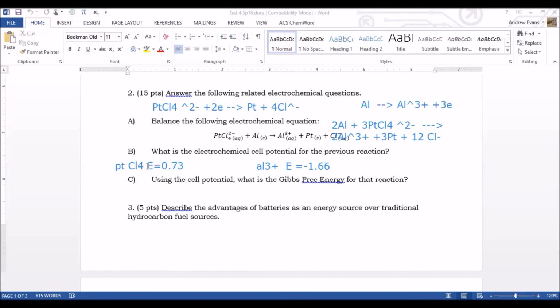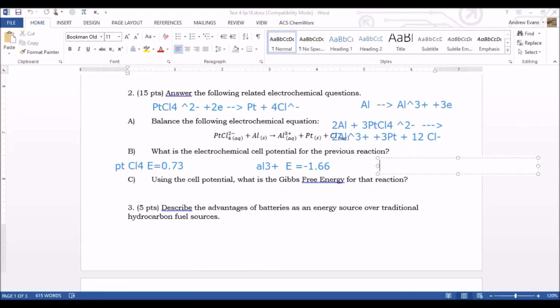So this one we're using as written. This one, I didn't write the whole equation, but it's aluminum 3 plus goes to aluminum solid. This is opposite of what we see here. This is aluminum solid going to aluminum 3 plus. Because that is opposite, it's going to be the oxidation, not the reduction.